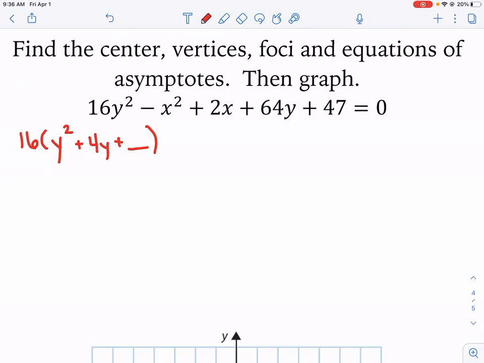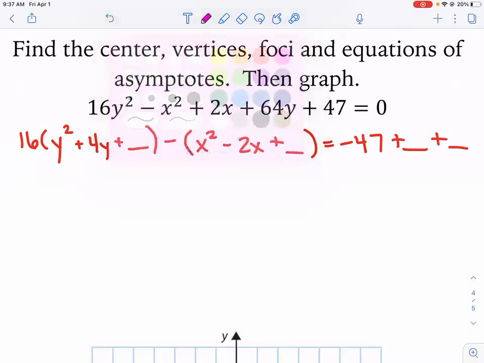That negative has to be factored out. And when I factor out a negative from a positive, it's going to change it to a negative. Please be careful when you factor out this negative that you also factor it out of that second term. And then I'm going to subtract 47 and add our two mystery numbers.